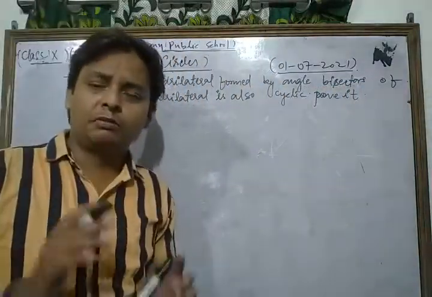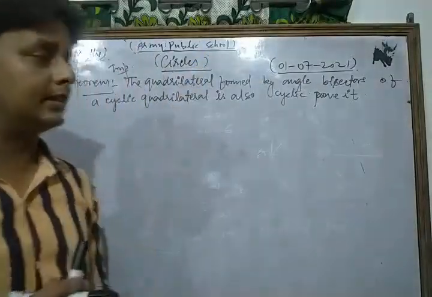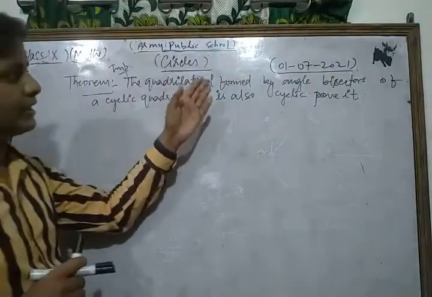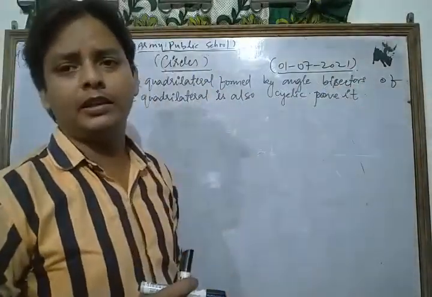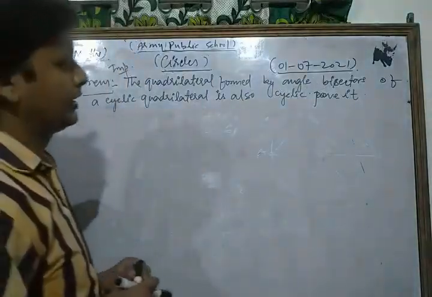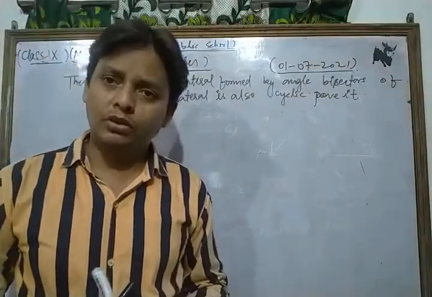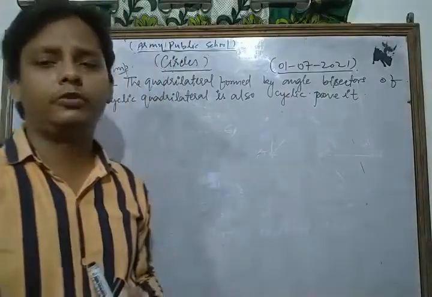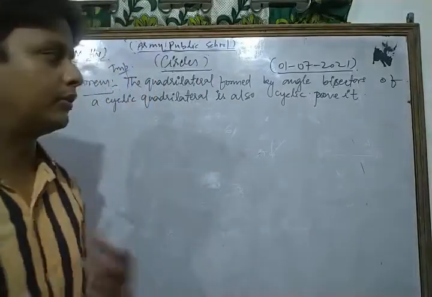Dear friends, this is one of the most important theorems. Your theorem is: the quadrilateral formed by the angle bisectors of a cyclic quadrilateral is also cyclic. Prove it. First of all, we draw a cyclic quadrilateral, and after that we apply the conditions of the theorem.